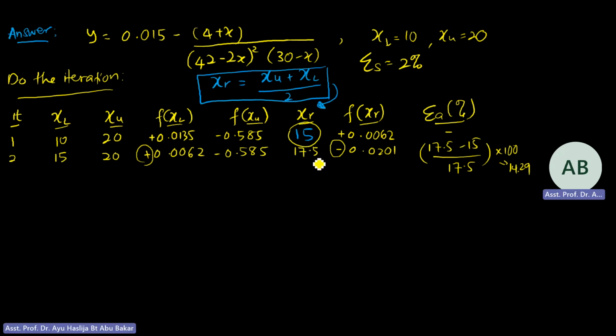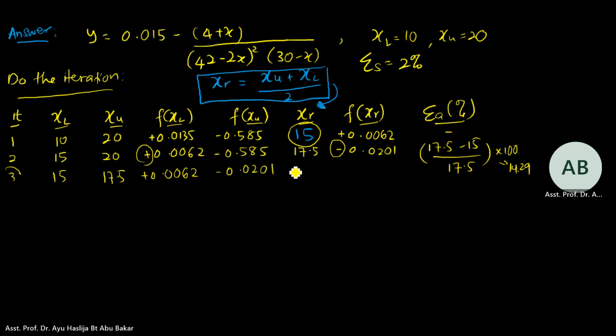Okay, so 17.5 now will be XU. XL remain. Find the new XR. Should be getting 16.25.